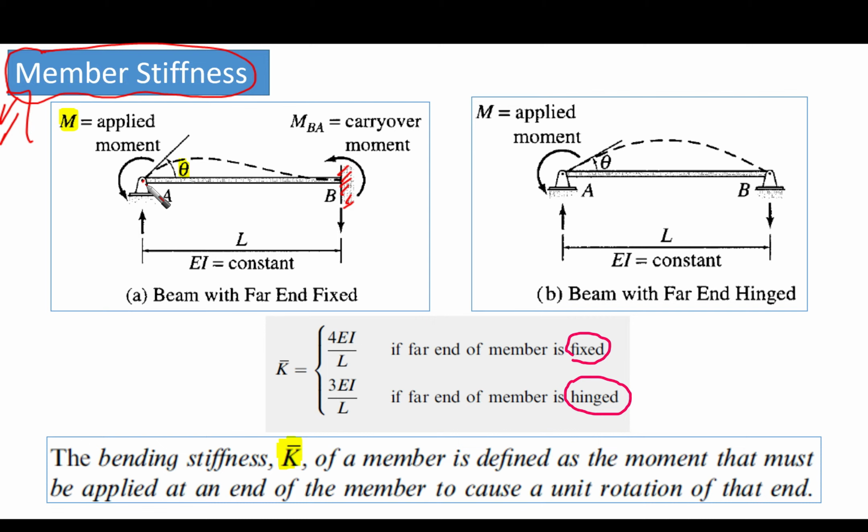Then we are going to define something related to the member itself, which is the member stiffness or bending stiffness. We are talking here about flexural, so it is understood that whenever we say member stiffness, it means member flexural stiffness or bending stiffness.